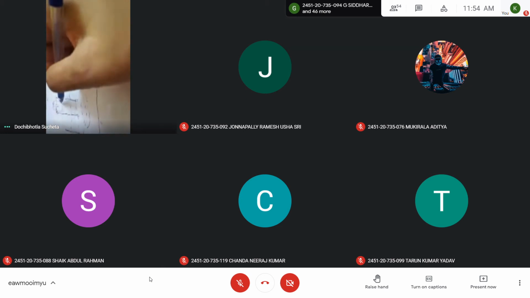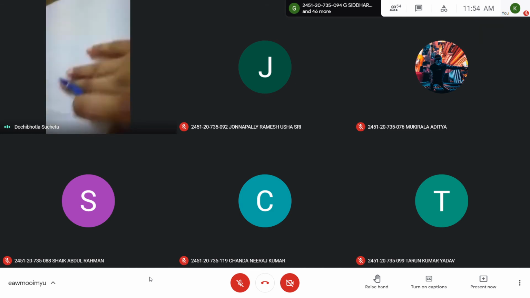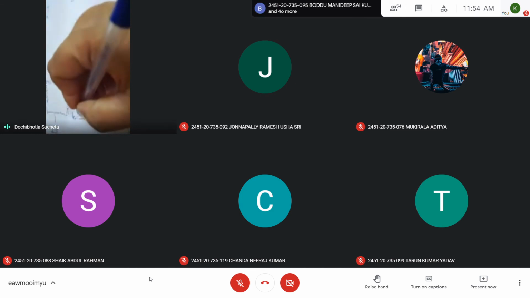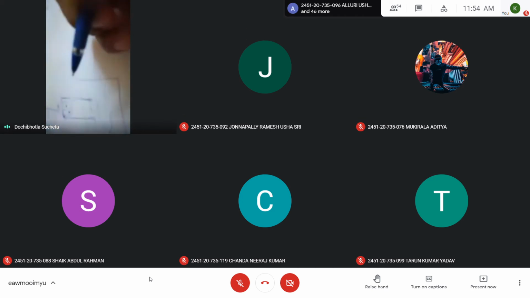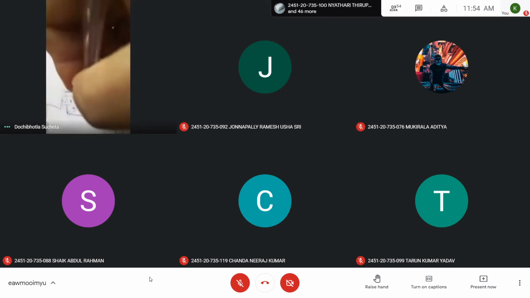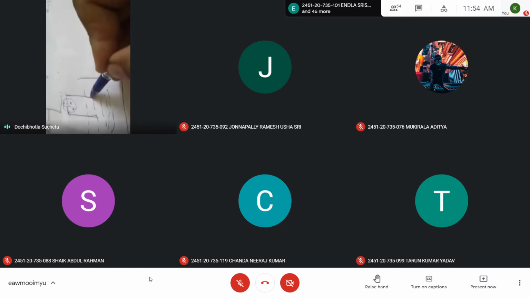In a battery, the thin longer line is the positive terminal and the thick shorter line is the negative terminal. Now, this is the positively charged terminal and this is the negatively charged terminal.